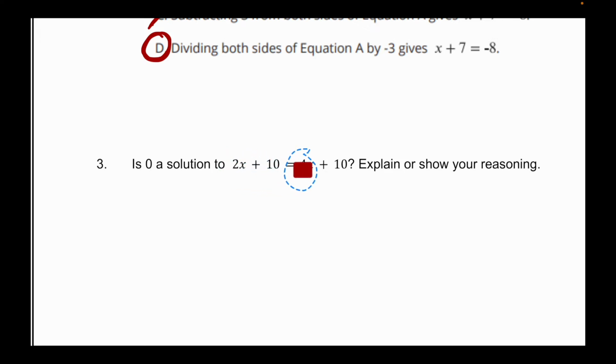And if I also plugged in 0 on the right, it would take that term away, and I would just have 10 on the right. That would be showing my reasoning, which would mean that yes, these are both equal because they should both equal 10. But now I'm going to show you that we can work that out.